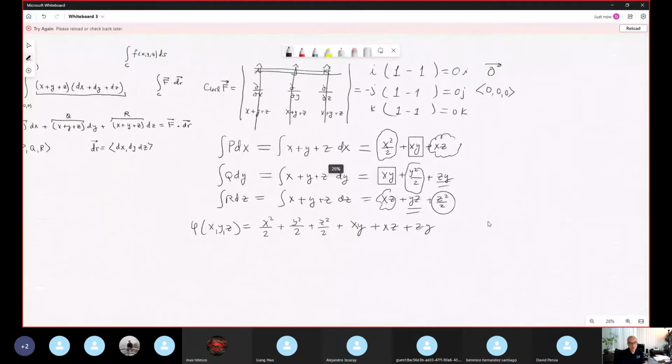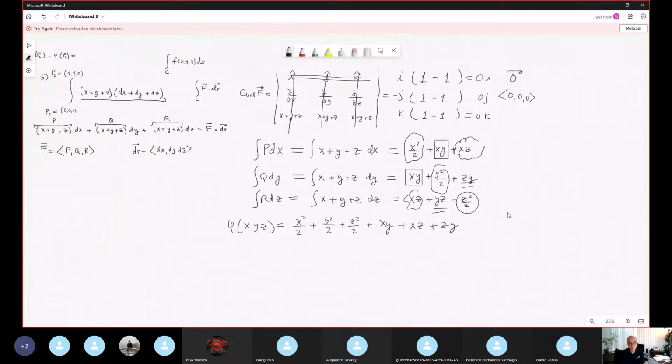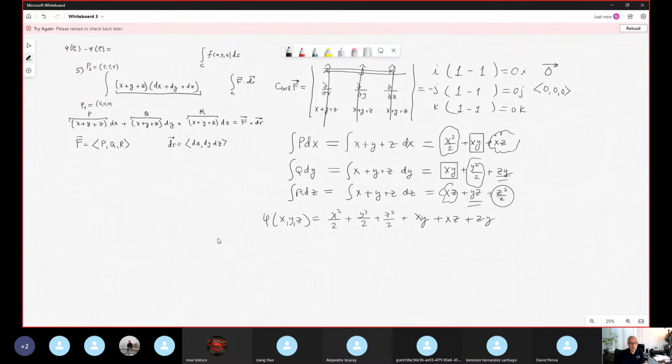And the rest is magic, because you compute the integral without doing any integral. Actually, we did the gradient, the anti-gradient, and this potential function allows me to compute the integral. So you evaluate the potential function at the given point 1, 1, 1 minus 0, 0, 0.